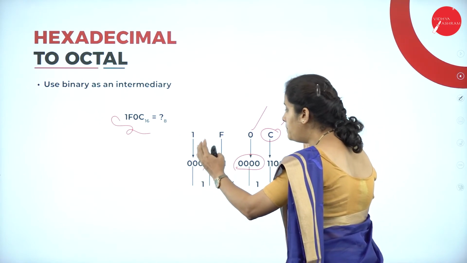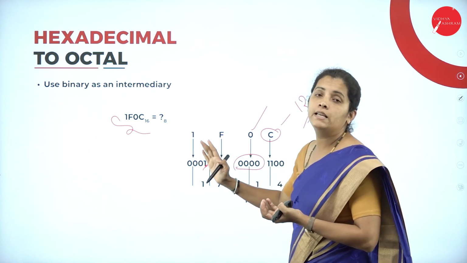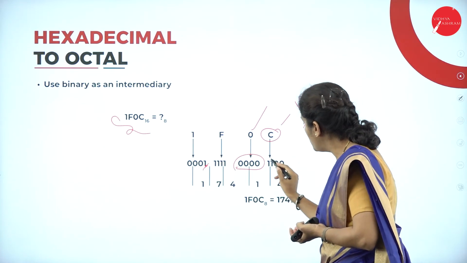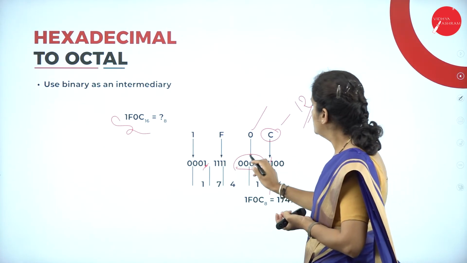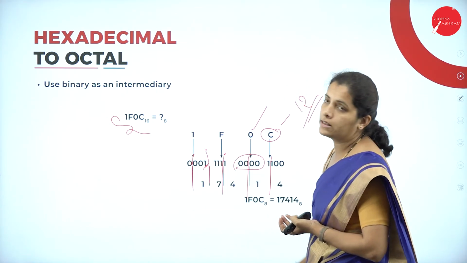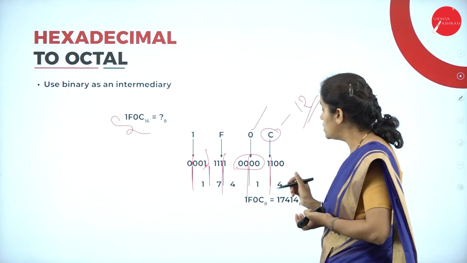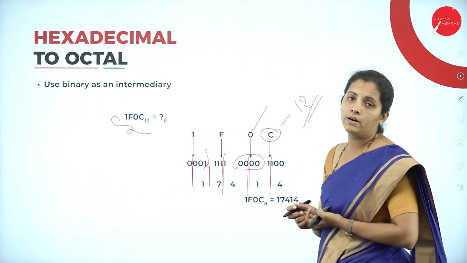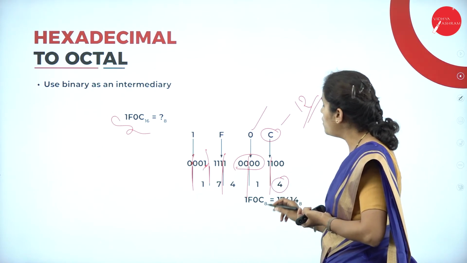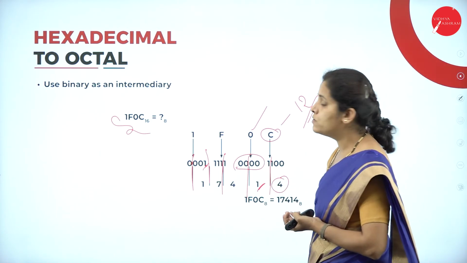Now I have my bits. Now I am going to group all these bits in 3 bits each. Then I will write the values. So here I have 100, that is the binary number, and what is the octal value for that binary number? It is 4. So if I have 001, then what's the octal value? 1.